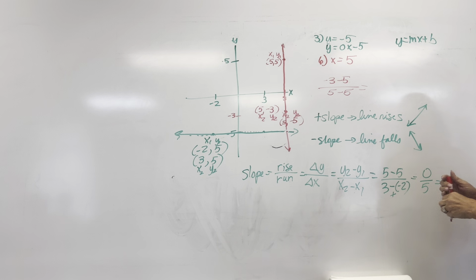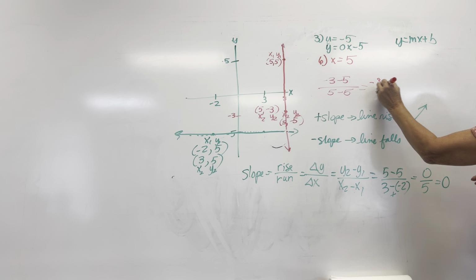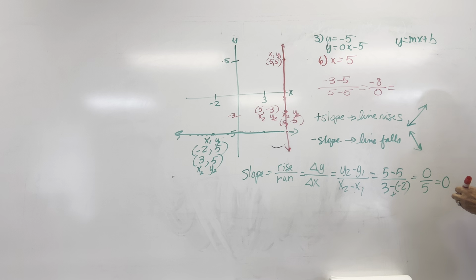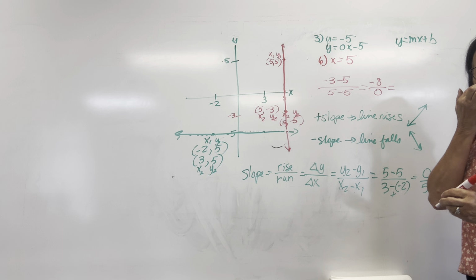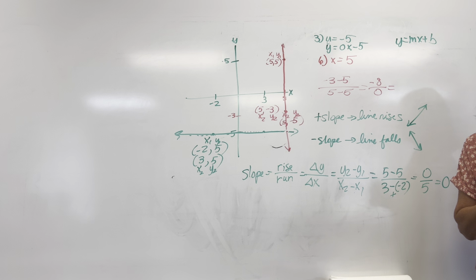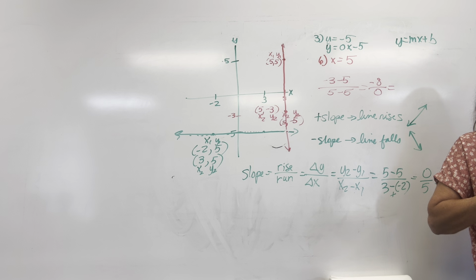What's the numerator? -8 over what? 0. What does that equal? Do it in your calculators. See what you get.